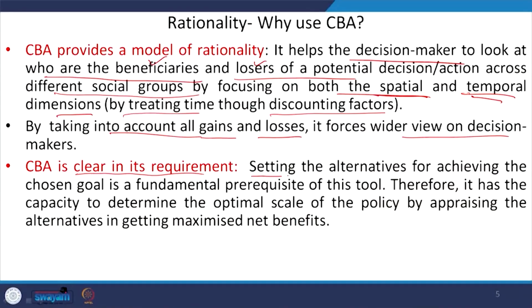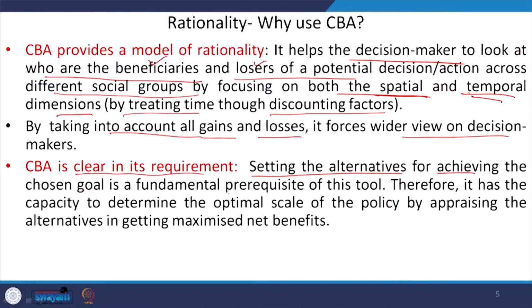So, we set alternatives for achieving the same chosen goal. Let us say for a particular objective we need to frame a particular policy, and this policy is considered now. But in cost benefit analysis, we also take into account the alternatives for fulfilling the same objectives or goal. In that way, we weigh the benefits and costs of all these alternatives that can fulfill the same objectives, and this is a prerequisite for this cost benefit analysis tool.